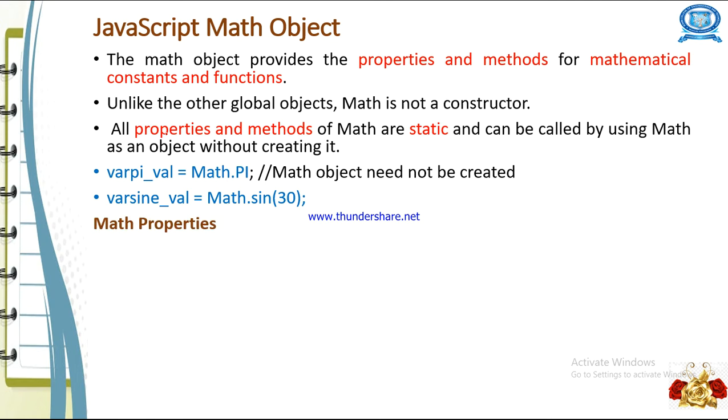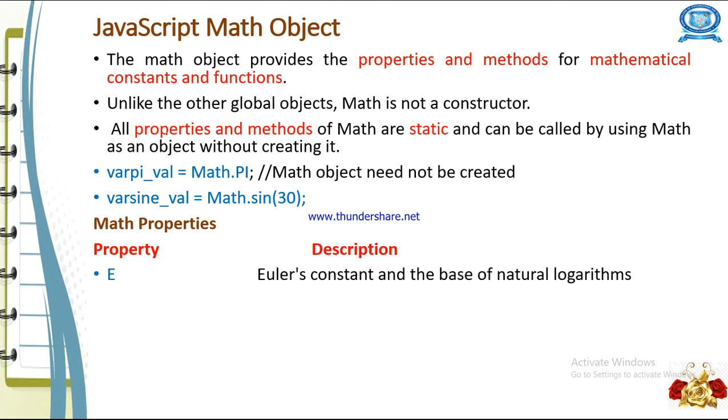Next, the math properties. Some of the properties used with JavaScript math objects. The first property is E. E is Euler's constant, the base of the natural logarithm. This is a mathematical concept.